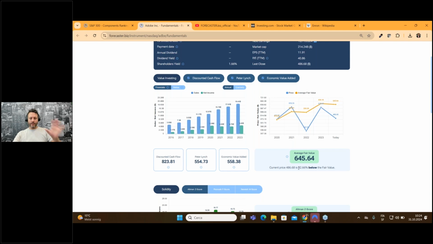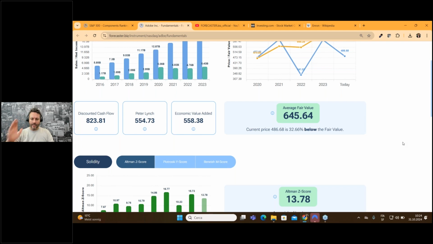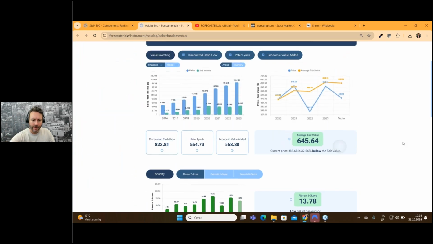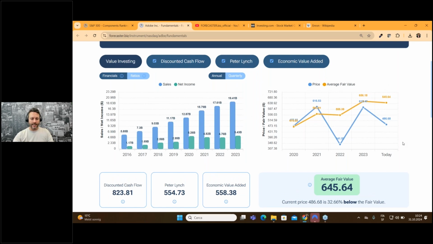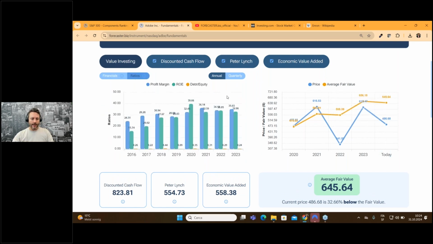If we do the average, we find the company 32% below fair value. Very interesting. As you can see, sales and net income are growing. Ratios are very nice. We have a 35% profit margin, 32% ROI, debt to equity completely under control.